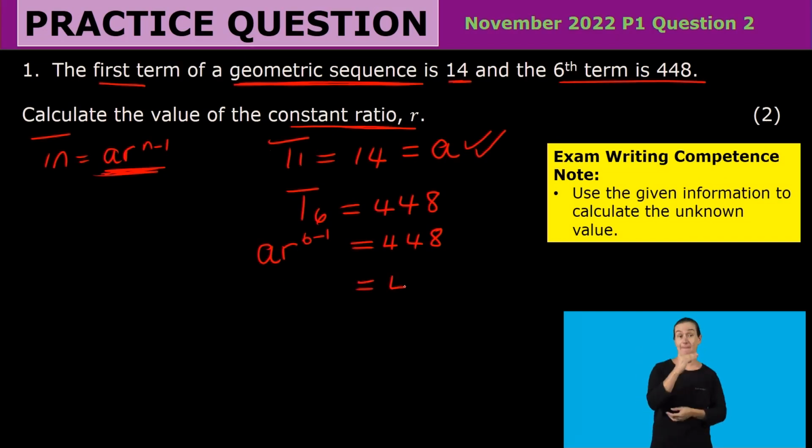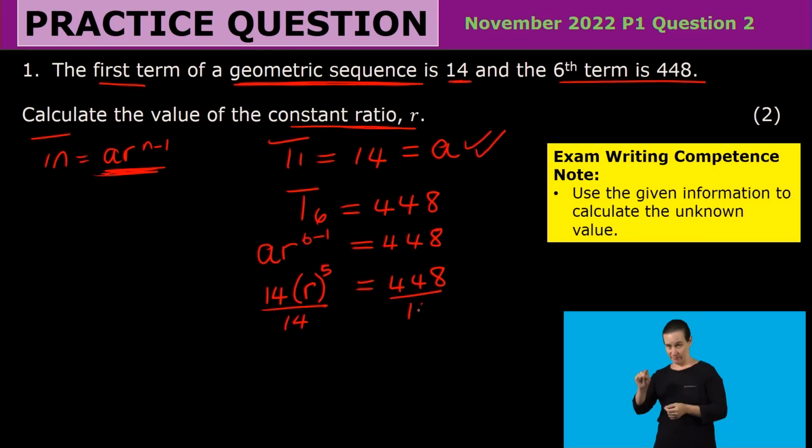So we are going to have 14 multiplied by R to the exponent of 5. We divide both sides by 14, and we get an answer of 32. Of course, that's 448 divided by 14. On the left-hand side, we have R exponent of 5.